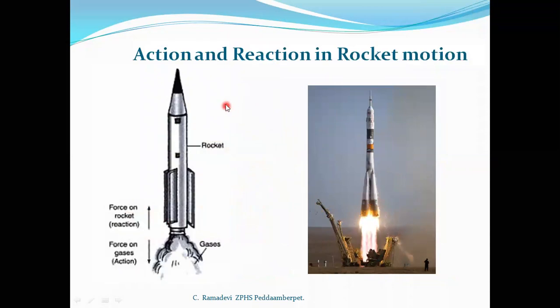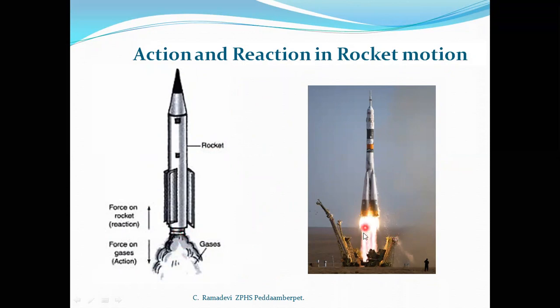Now, here we are looking at action and reaction in rocket motion. In this rocket, fuels are burnt inside, and the burnt gas at high pressure and temperature is expelled out of the rocket through the nozzle.